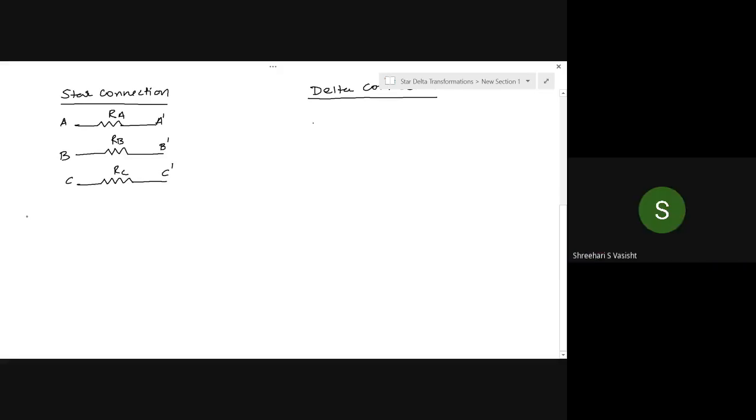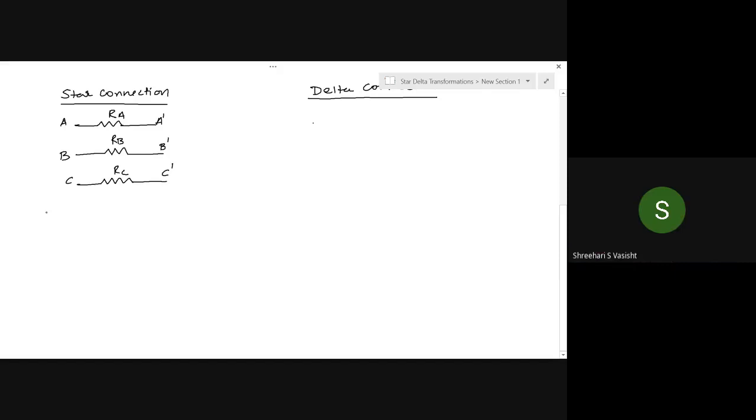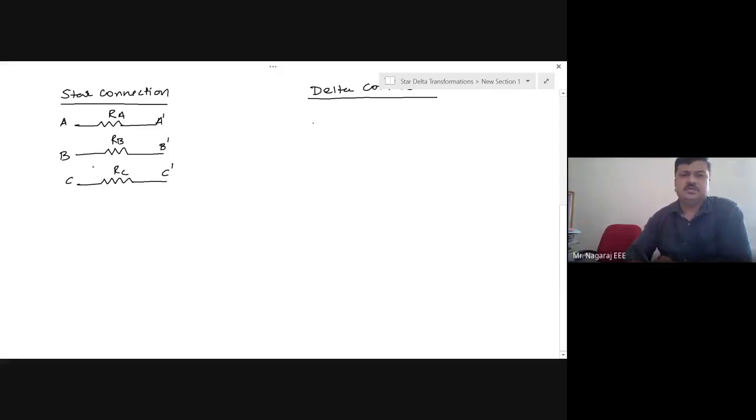Connect A, B, C to a single point, or A dash, B dash, C dash also to a single point. Because these are passive elements, these are considered to be bilateral elements. So therefore, if one end of all the elements is connected to a common point, then that connection will give a star connection.